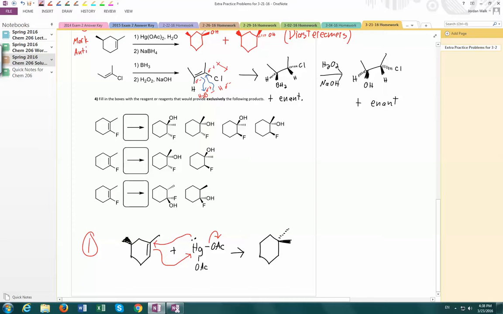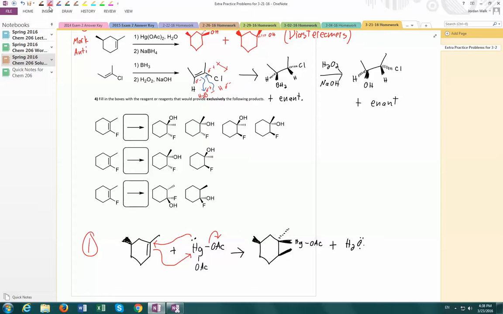So we'll have mercury acetate both on wedges. And then we say that we've also got water in here, and so we attack either the top tertiary carbon or the bottom secondary carbon. Which do we attack? The top. Why?